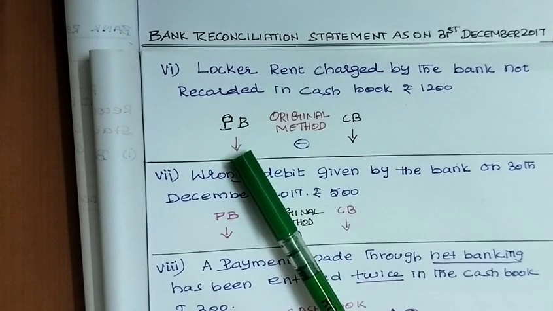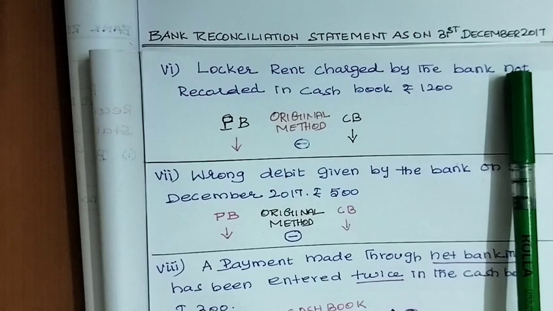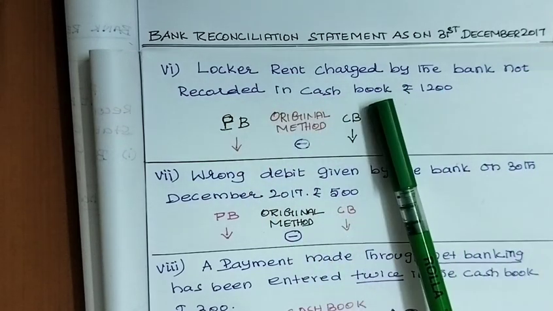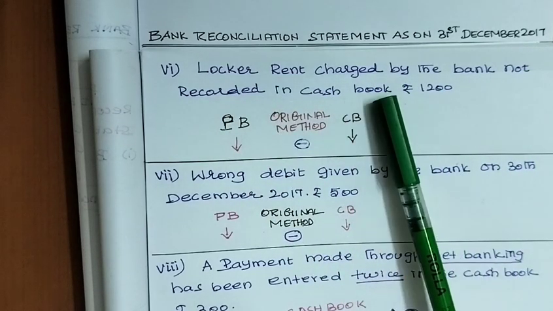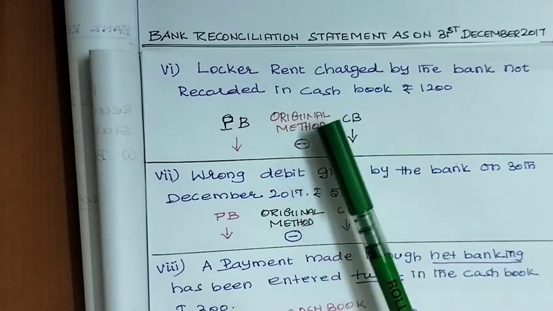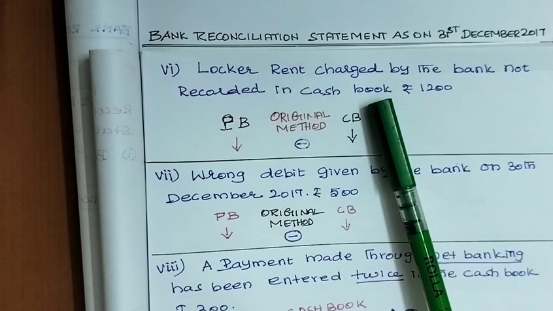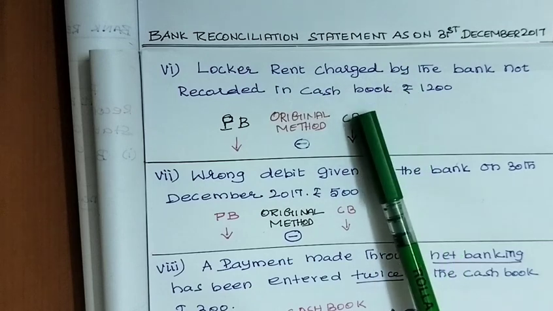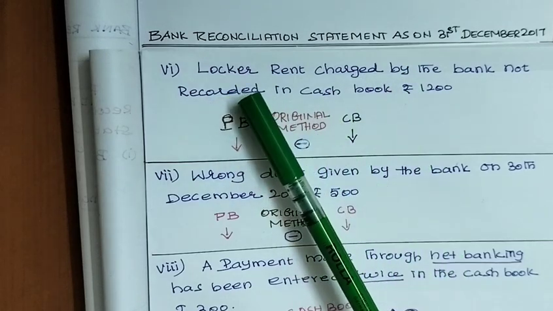But listen here, it is not recorded in the cash book. Why? Because the bank's customer doesn't know about it, doesn't know that the bank charged for locker rent.